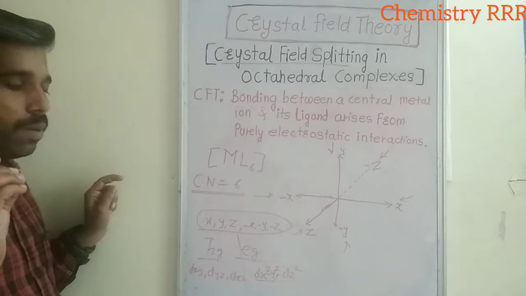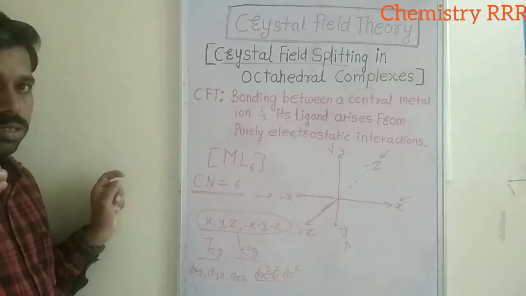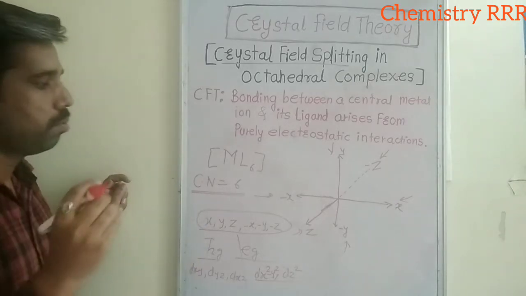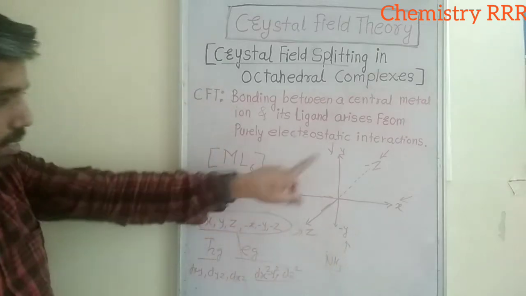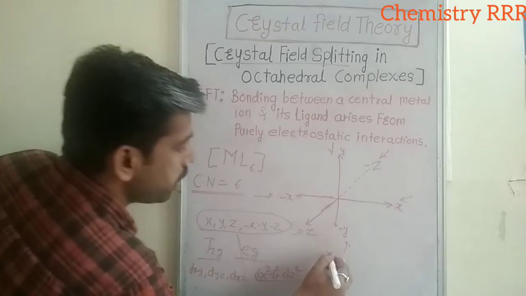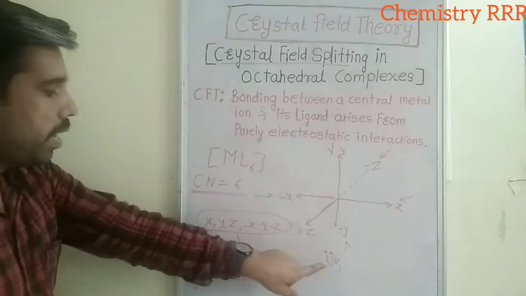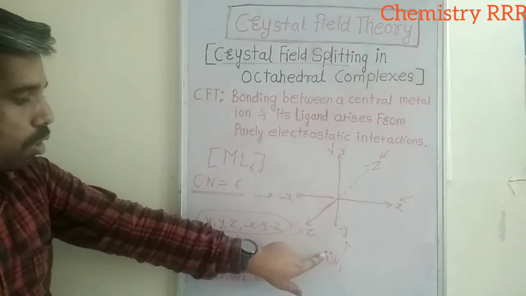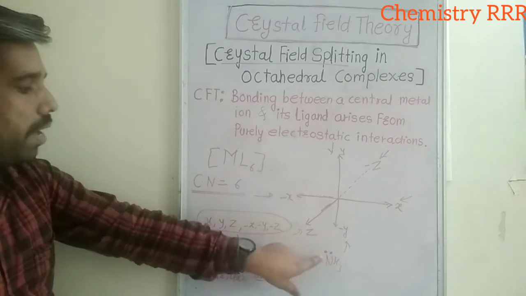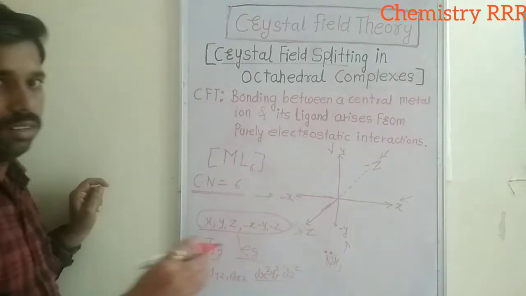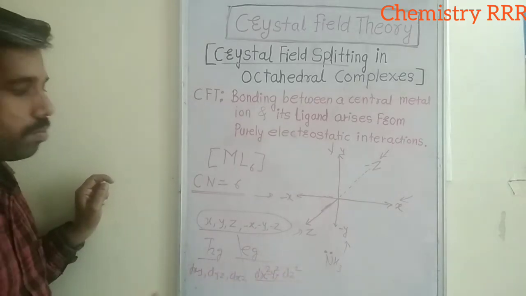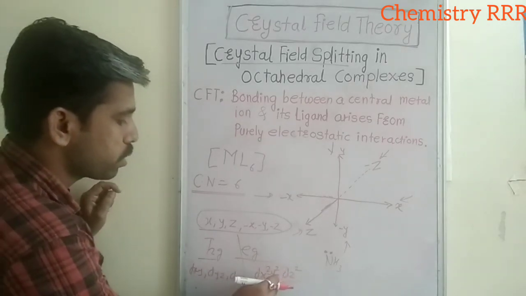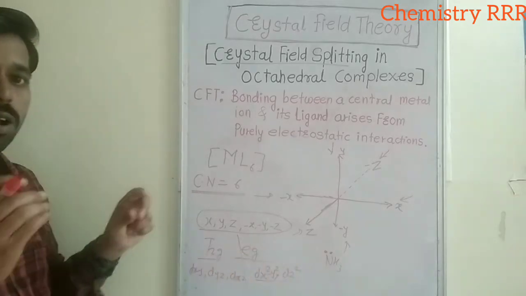There is an interaction between the lone pair of electrons present on the ligand and those orbitals present along the axis, that is dx square minus y square and dz square.